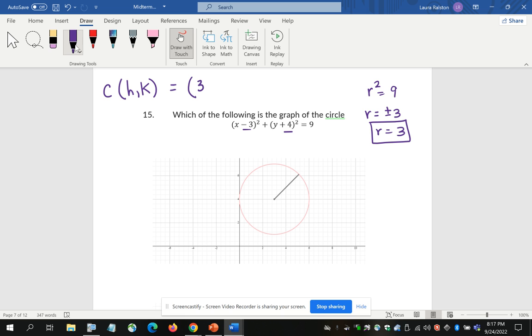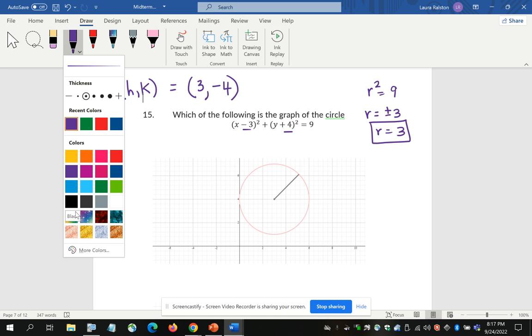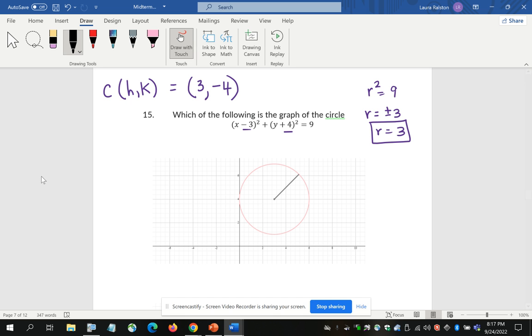And the k is negative 4. Because the formula, go back to your formula, be careful, make sure it matches up. The formula is x minus h squared plus y minus k squared equals r squared.